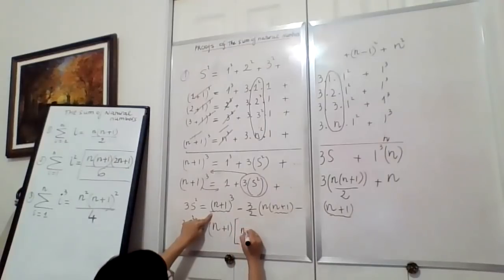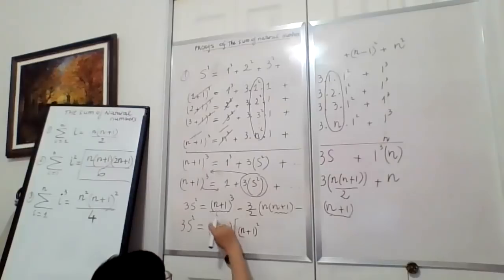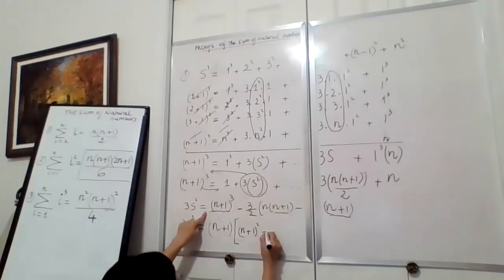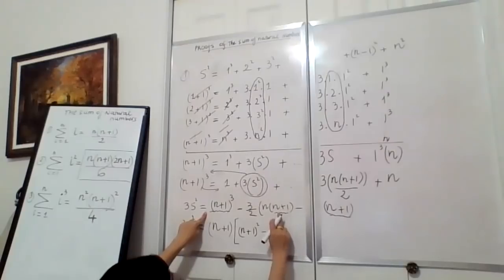So the first one will be n plus 1 squared, because power 2 with power 1 gives me power 3, right? Gives me this one. Now the next one will be minus 3 over 2. And this will be n plus 1 I already have here, right?